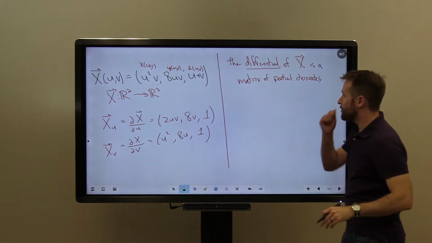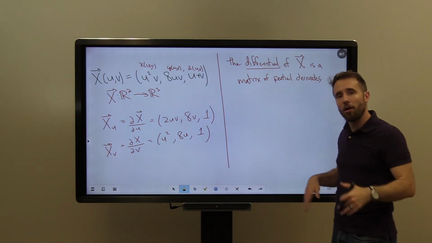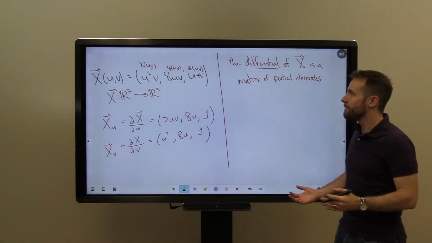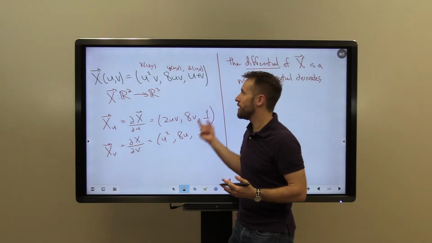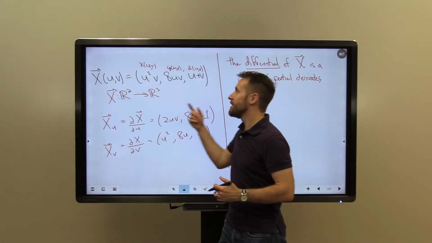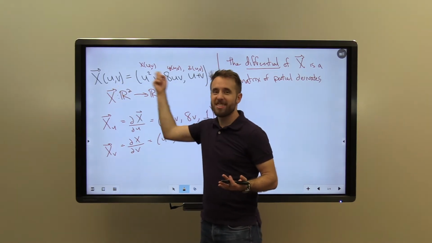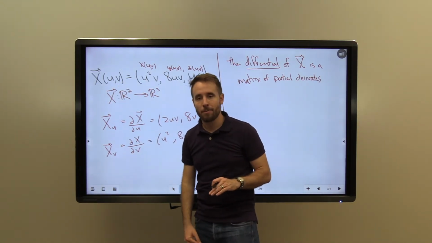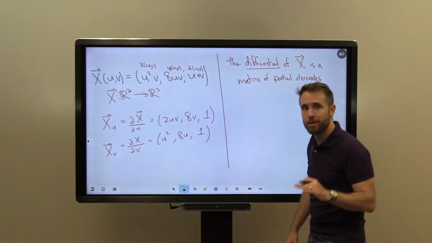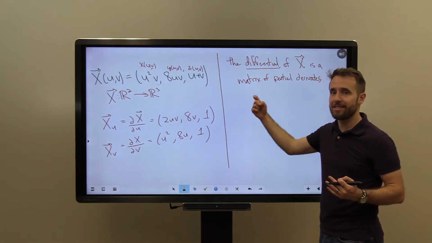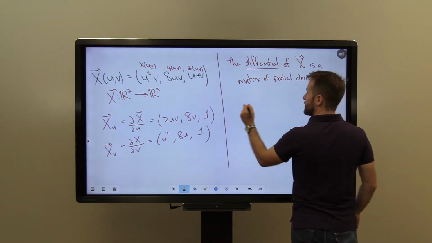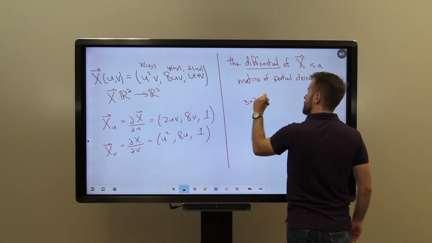It will ultimately contain all of the partial derivatives from all of the components. So with 3 different components and 2 variables for which to compute partial derivatives, we would end up with 6 entries in this matrix. This is going to be a 3 by 2 matrix.